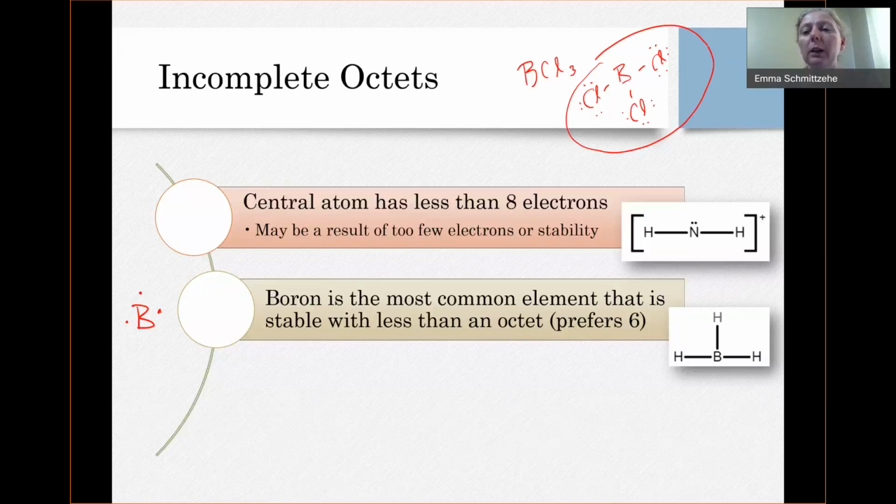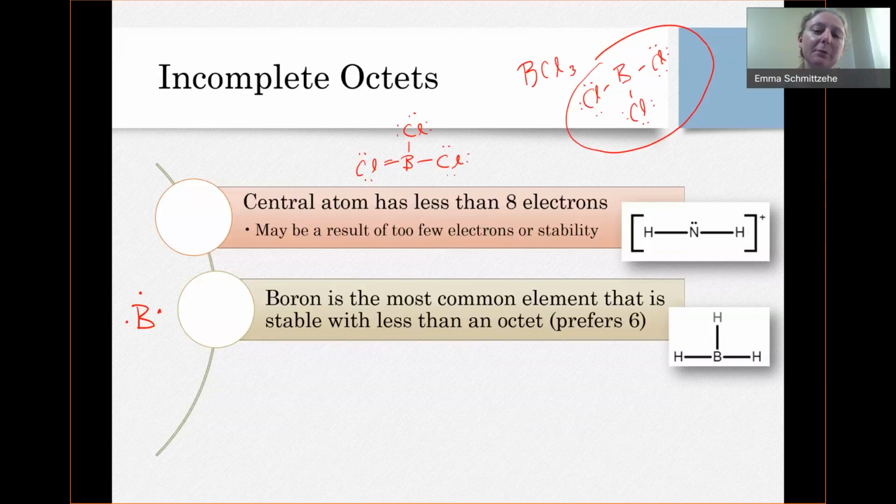Whereas if you were following the standard procedure for drawing Lewis structures, you may come up with instead a structure having boron single bonded to two chlorines, but double bonded to another. I know I've rearranged where my atoms were there, just because of where I had space. In this structure you would also have 24 electrons, but now boron has an octet.